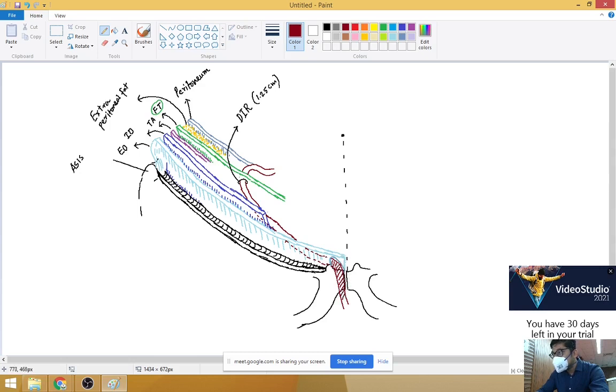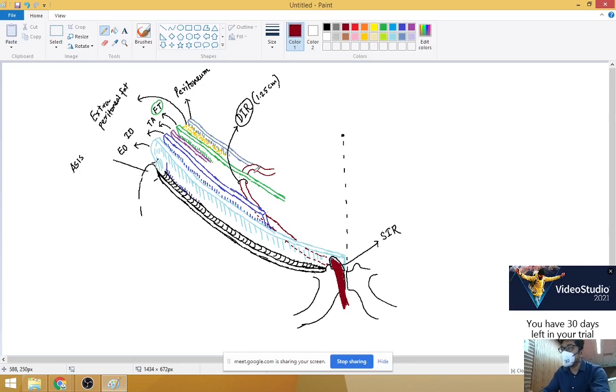From this. So this was the deep inguinal ring. So this opening is known as the superficial inguinal ring. Okay, you see the pubic tubercle lies lateral to the superficial inguinal ring.